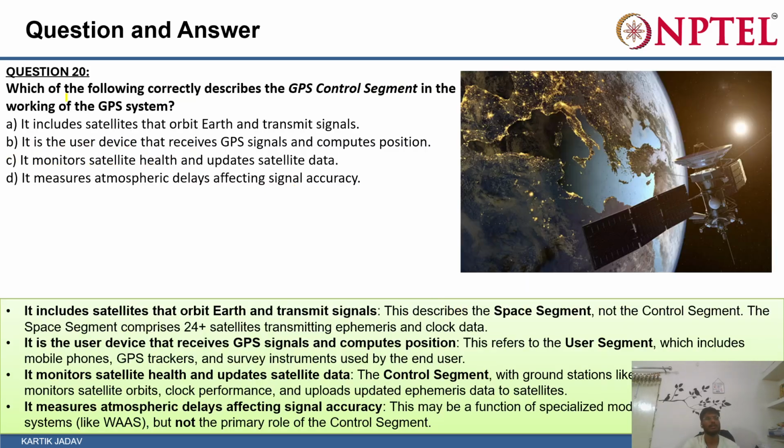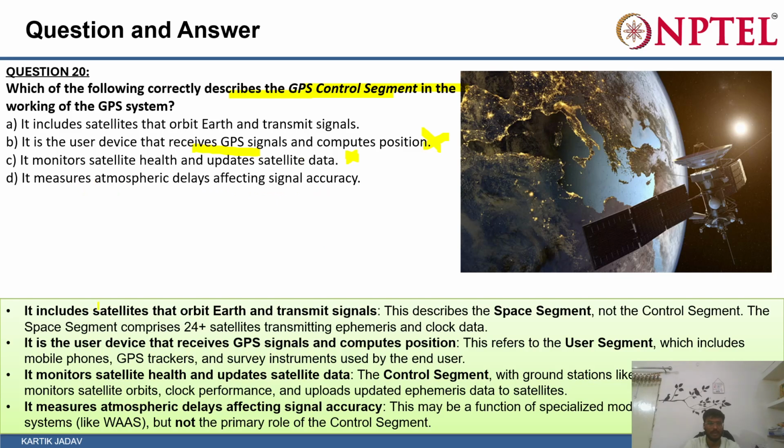Question number 20. Which of the following correctly describes the GPS control segment in the working of the GPS system? It includes satellites that orbit the Earth and transmit signals? Or it is the user device that receives GPS signals? No, that is not it. It monitors satellite health and updates satellite data. Or it measures atmospheric delays affecting signal accuracy.